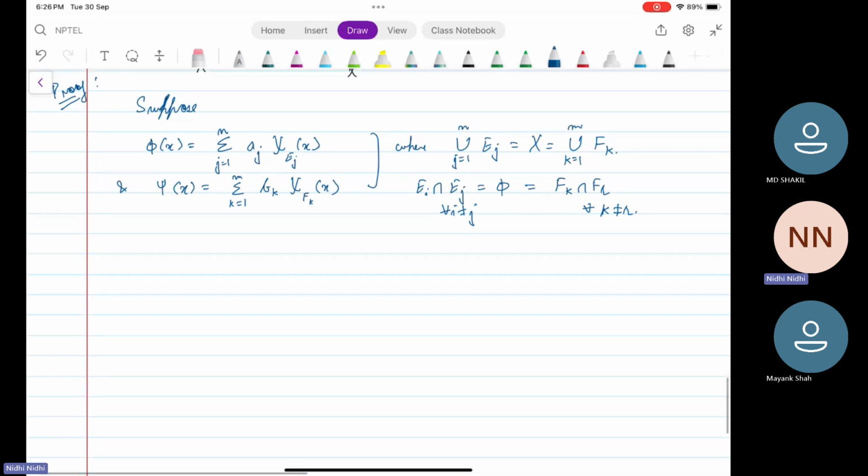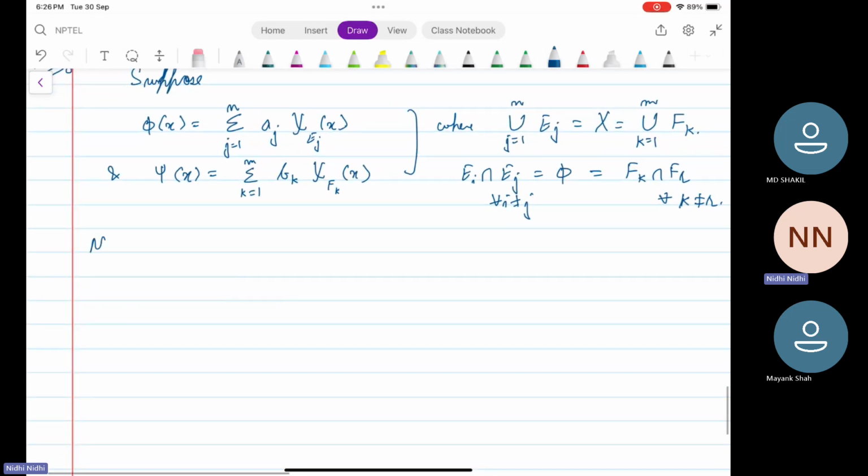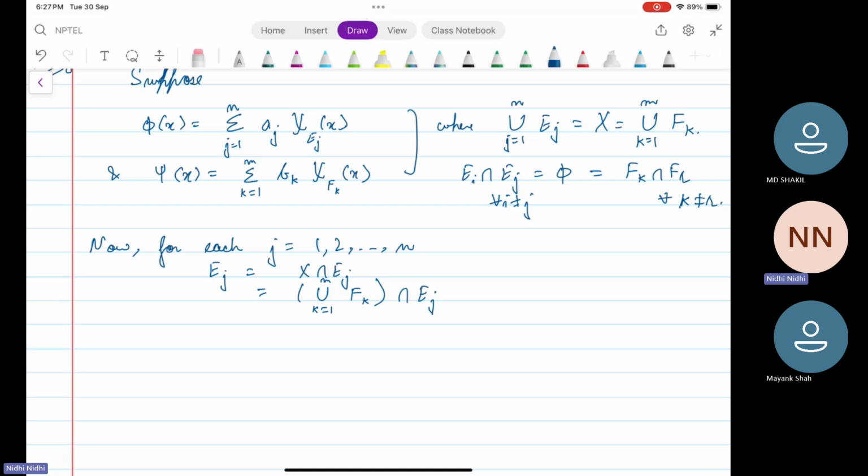Also, for each j from 1 to n, our E_j can be written as X intersection E_j, because obviously E_j is a subset of X. Now this X can be replaced by the union of F_k. You'll see further how this will be useful. So I can replace this X by the union k from 1 to m of F_k, intersection E_j.